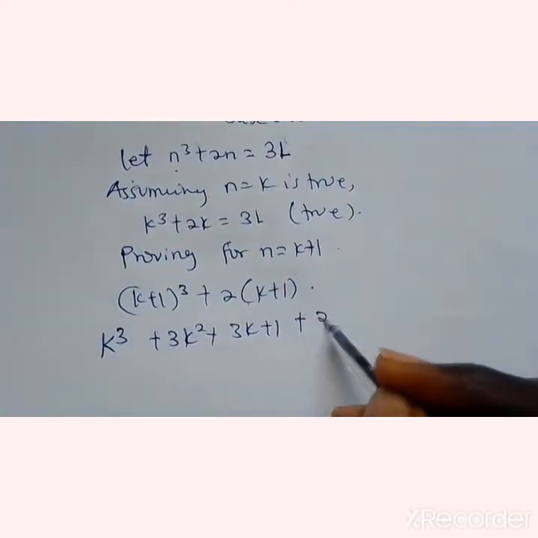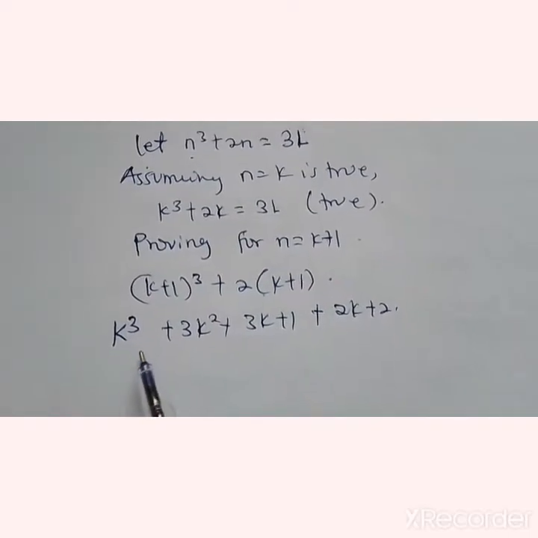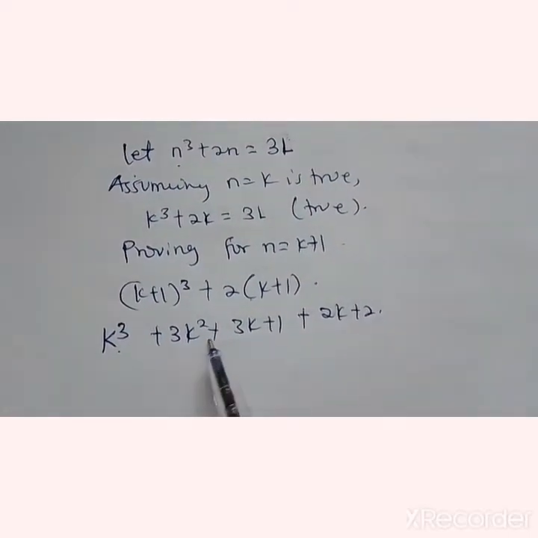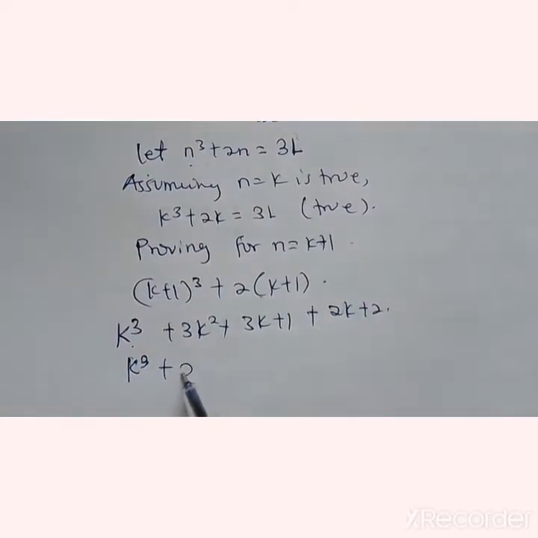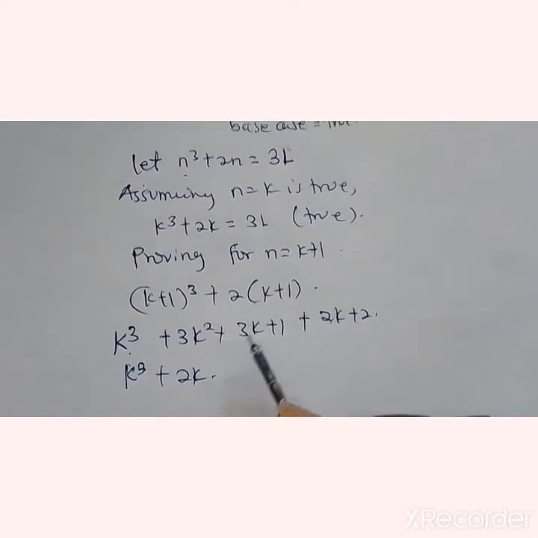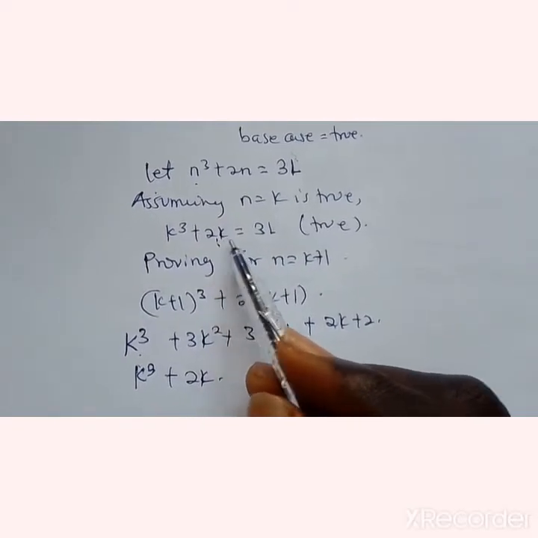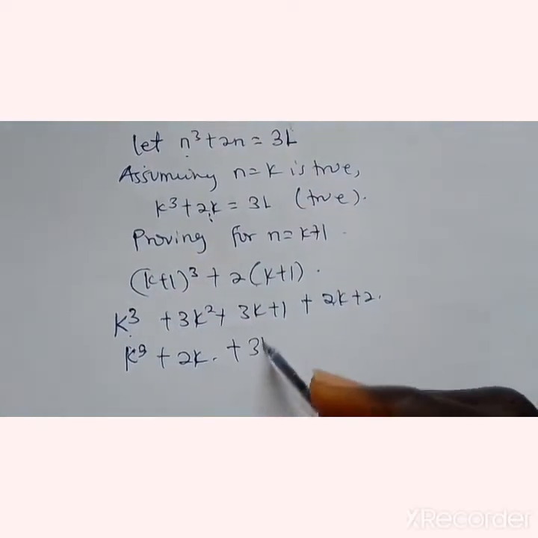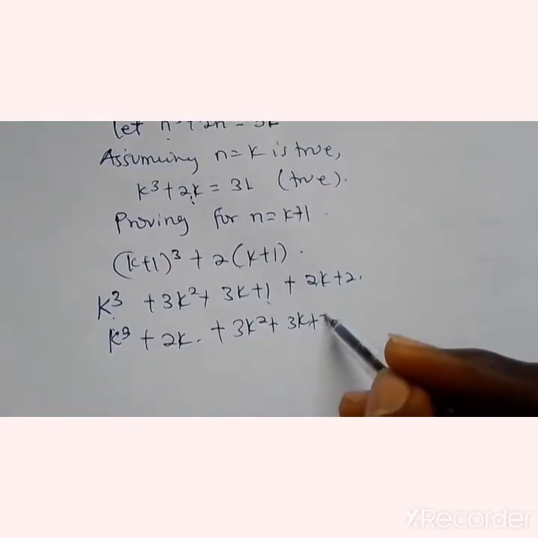Here will be 2k plus 2. From here, I'll group k cubed plus 2k at one side, so that I can make reference to the assumption. Then plus 3k squared plus 3k, then I have 1 plus 2, which is plus 3.